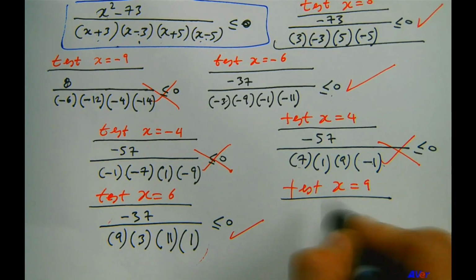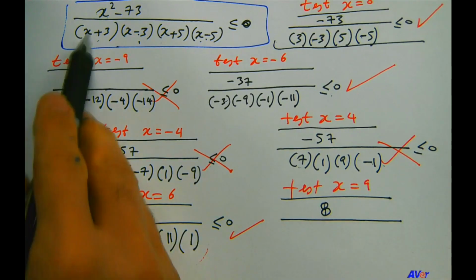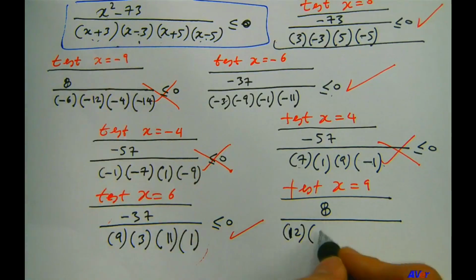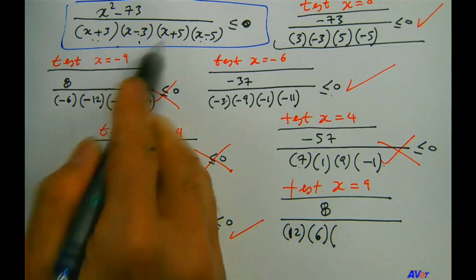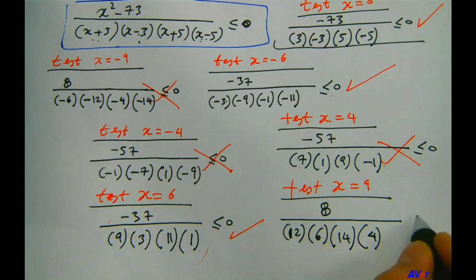It is 8, positive 8, right? Divided by 9 plus 3 is 12. 9 minus 3 is 6. 9 plus 5 is 14. 9 minus 5 is 4, less than or equal to 0, right?